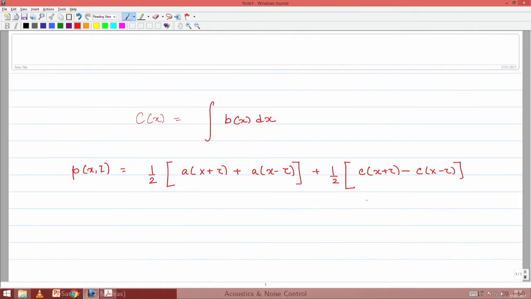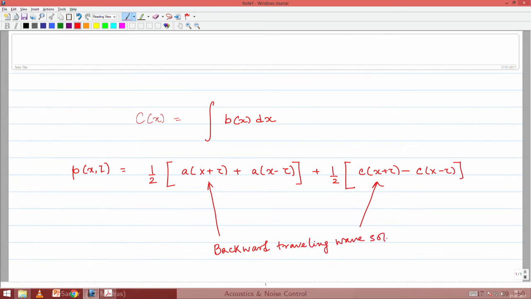But let us try to understand the physical implications of this solution. Please recall that functions wherein the argument is x plus tau simply mean a backward travelling wave solution. So, these two components are backward travelling wave solutions.